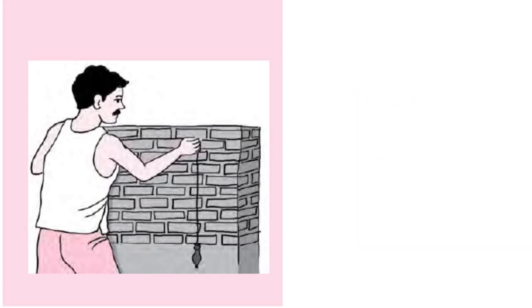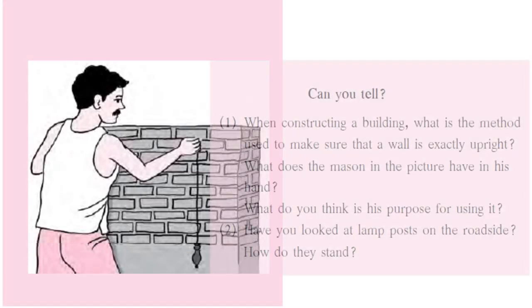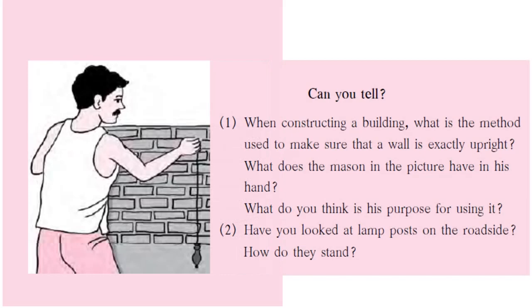One of the pictures given over here is of a person constructing a building. We know that while constructing a wall or a building, they need to make it exactly upright, right? Exactly upright the wall should be, otherwise it will fall. So what will the mason be doing to keep it exactly upright?